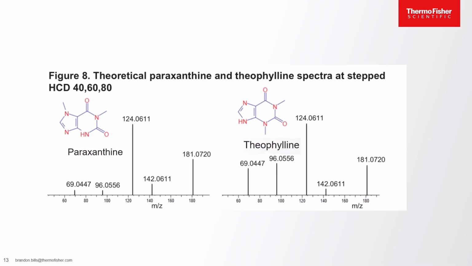So we have two similar isomers, paraxanthine and theophylline, with a predicted stepped collision energy of 40, 60, 80. We can see that there's some differences between paraxanthine and theophylline here, but it's kind of difficult to tell them apart just on this data.